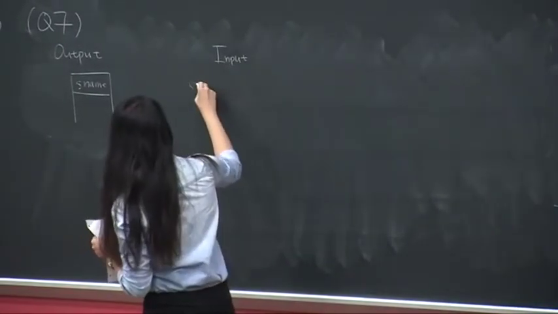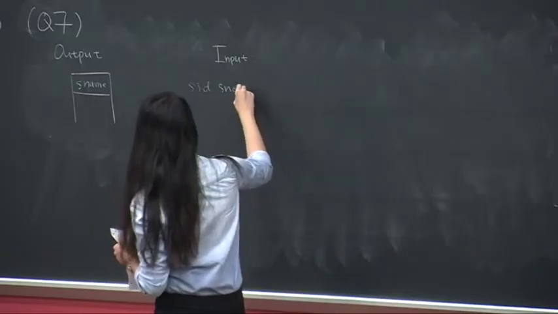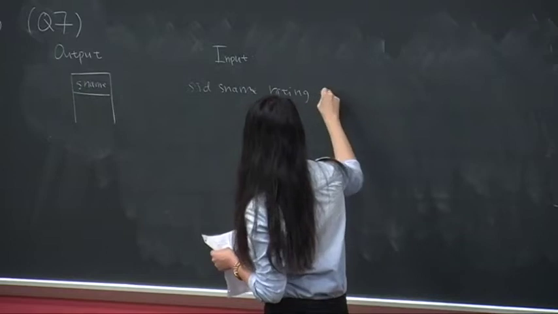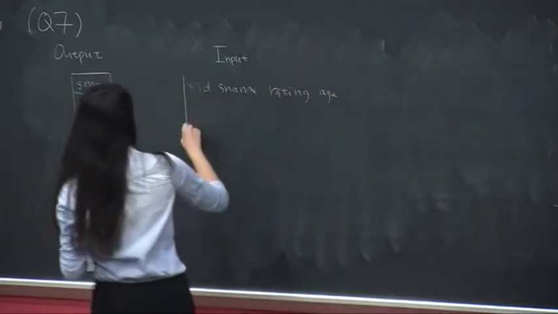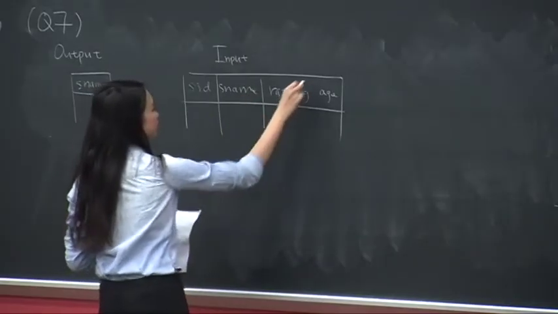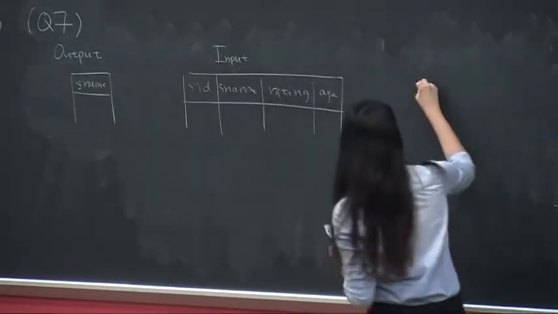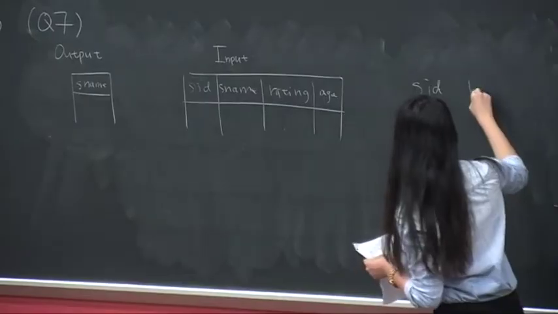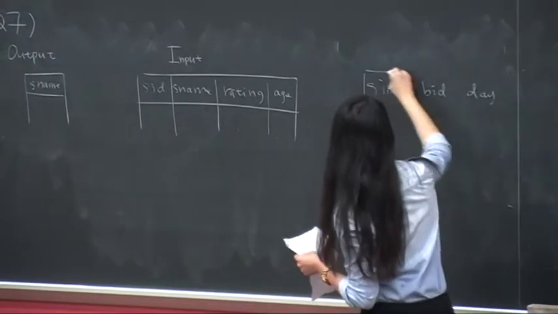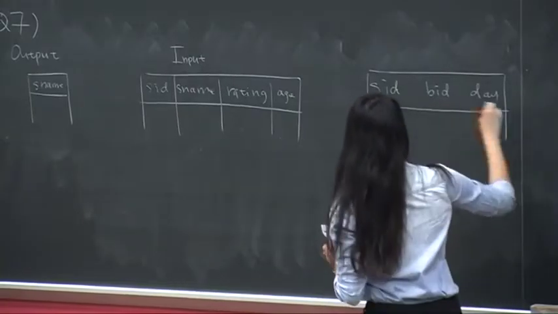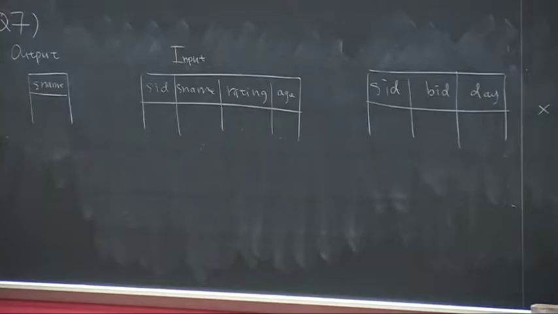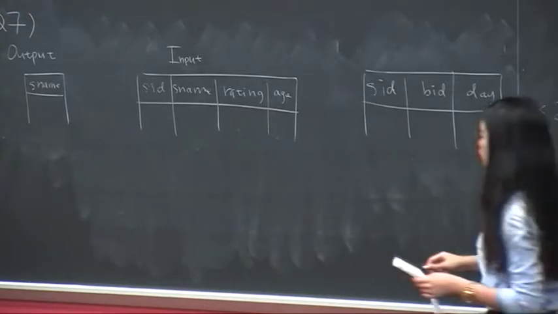So we have SID, S name, rating, and age. These are from sailors. Then we finally have SID, BID, and day. That's from reserves. But instead of having just 1 copy of it, we have 2. Correct?